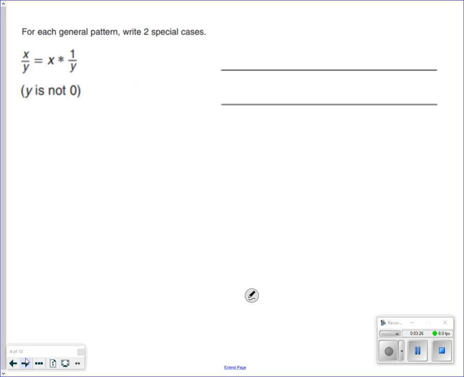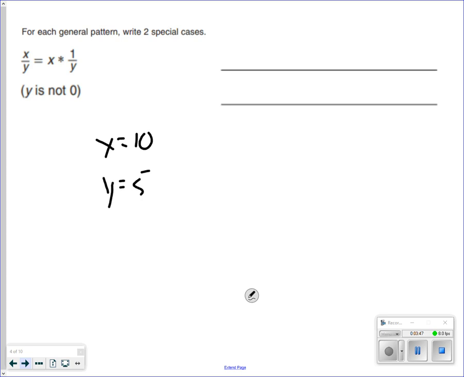For each general pattern, write 2 special cases. So we have x over y equals x times 1 over y. Well, let's say x equals 10, and let's say y equals 5. Let's write out the problem.